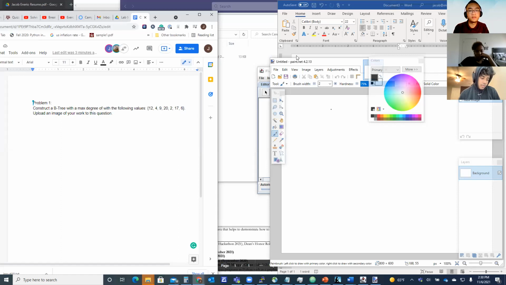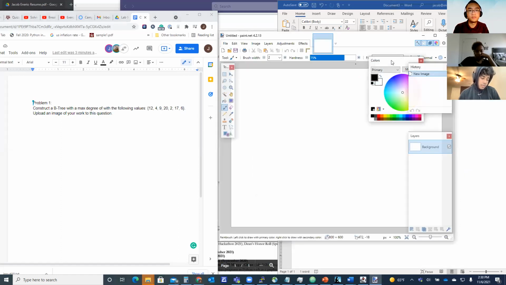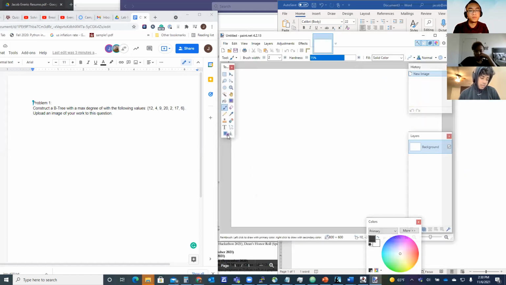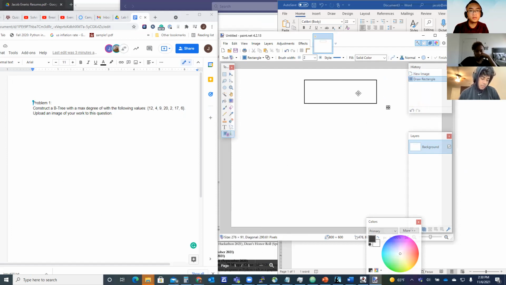So we're gonna have a rectangle. And so here's gonna be our first disk block. I guess we can make it smaller if need be. And then we're gonna have our text in there.